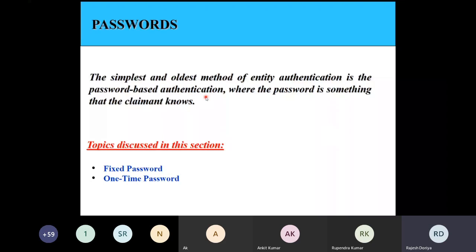The claimant has a password, and of course that password and the identity of the claimant is already registered at the other party, and the moment the first party tries to communicate, first the first party has to authenticate himself or herself. Okay, I guess we should have the diagram.